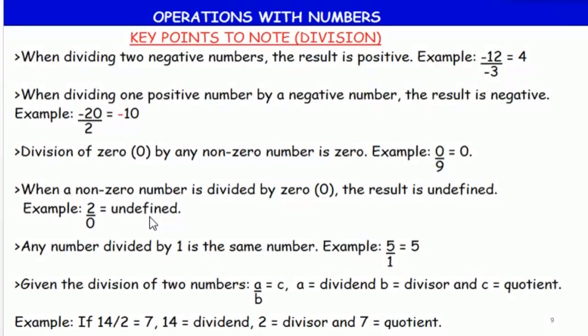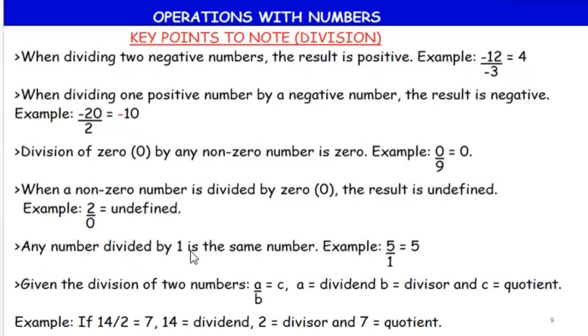You can punch 2 over 0 on your calculator and you are going to get a math error, because we can't arrive at a valid answer or solution for 2 divided by 0. So long as 0 is the denominator, the answer in the mathematical sense is undefined. Alright, let's move on.